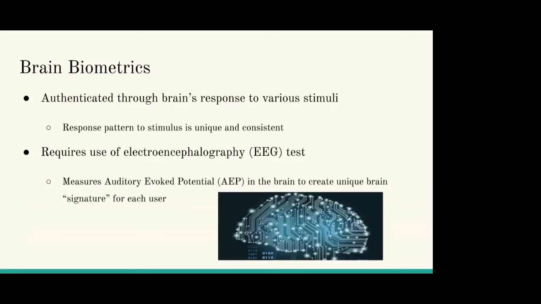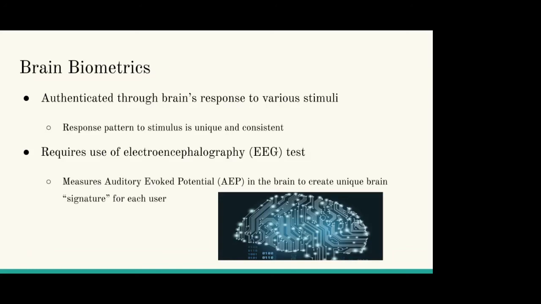It's unique in that no other person can have that exact response that you had, and it's consistent because if you show that same stimulus multiple times, your brain response is going to be about the same every single time. Because of those two properties, it's an ideal candidate for biometrics use.